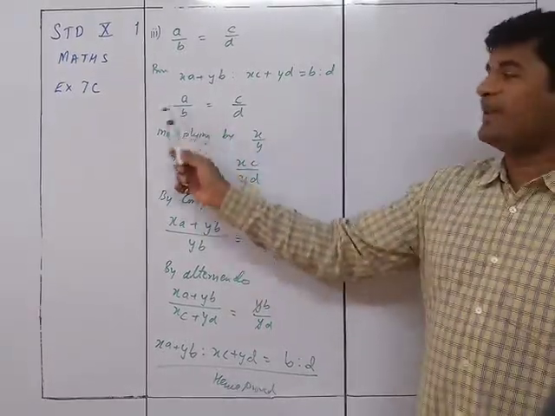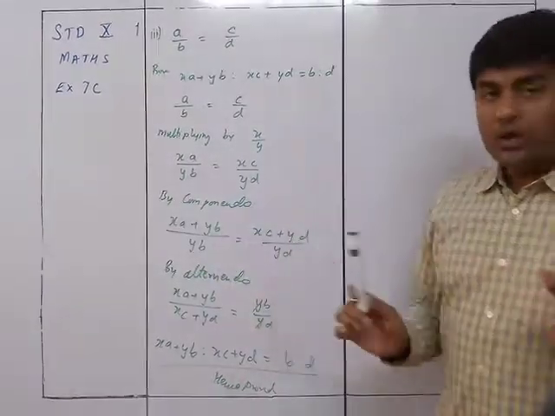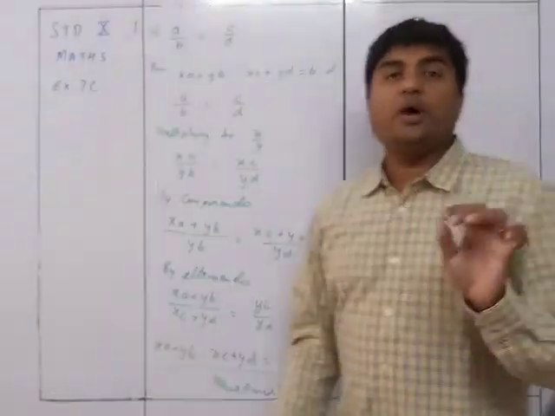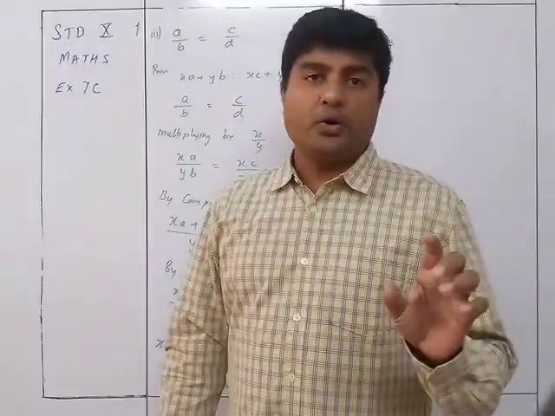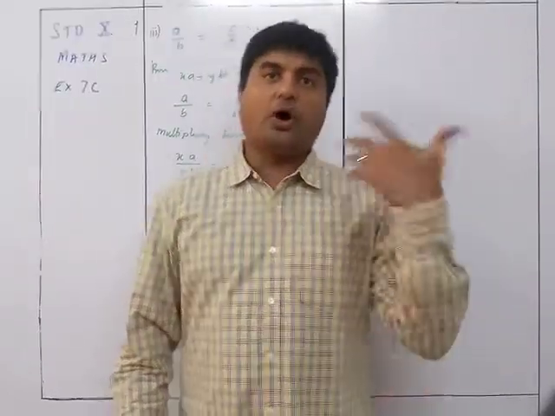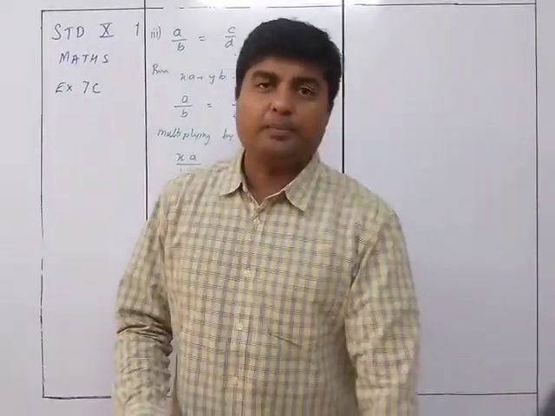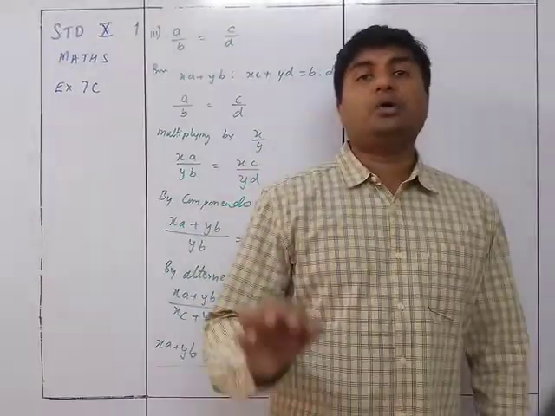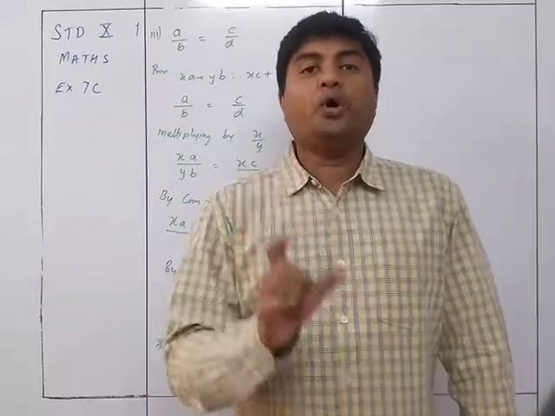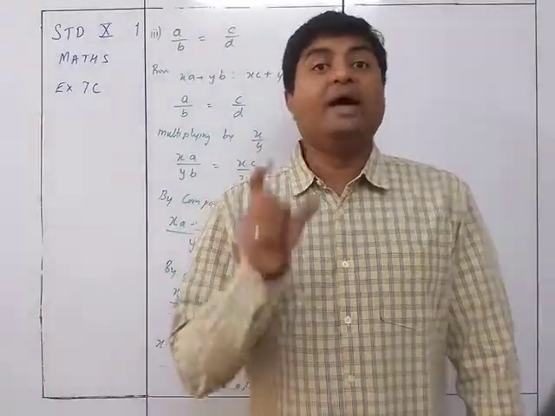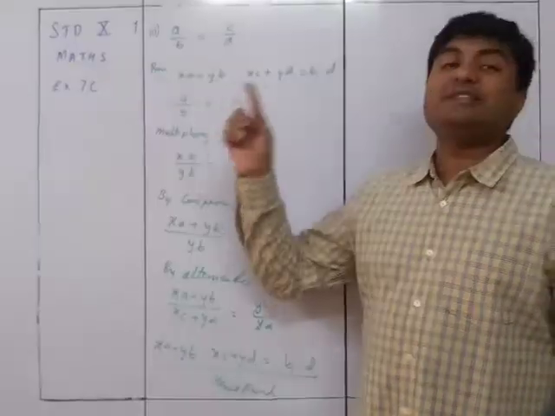I cannot just do it for one side. Whenever you are using componendo, dividendo, or only componendo or alternando or any properties of the proportion, you have to use both LHS and RHS together, and that's why we start with what is given to us.